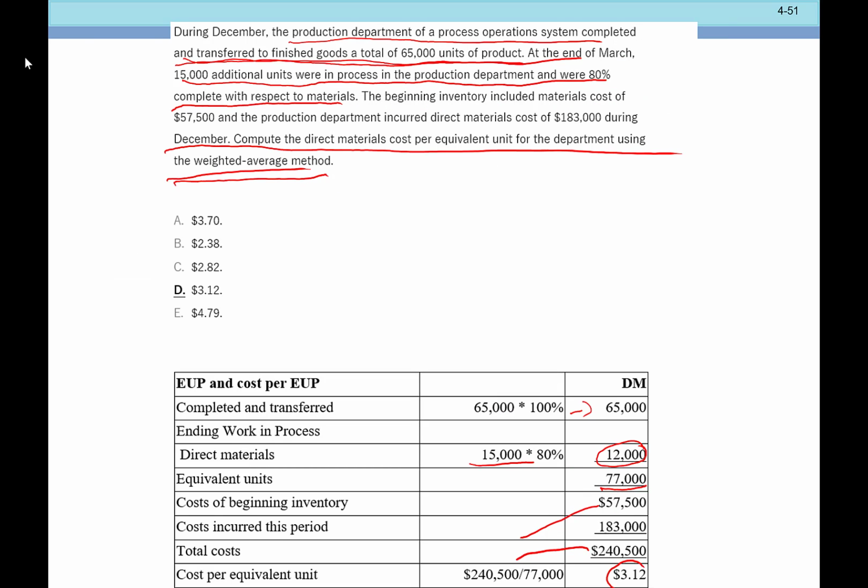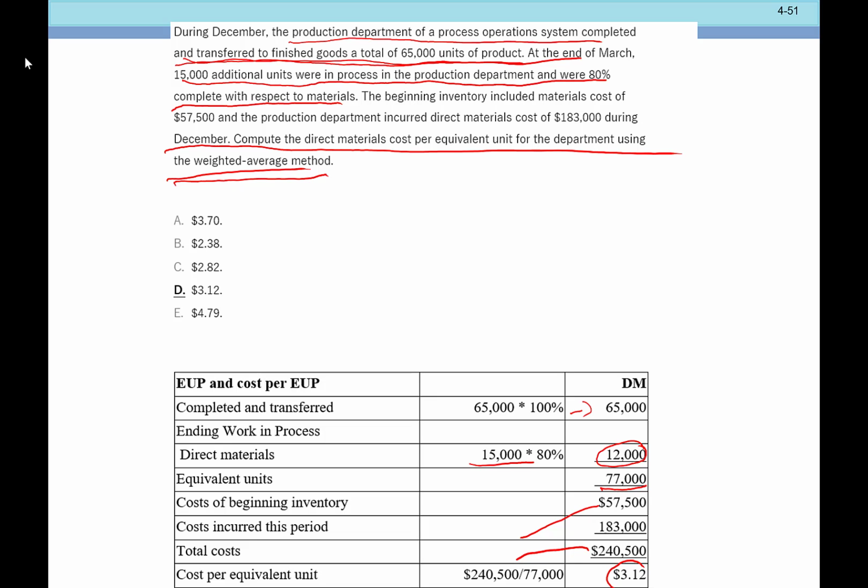Okay? This one is, I believe, similar but a little bit different. Here they tell me production department process operations system completed and transferred to finished goods 65,000. So here they just give me that number, right? Okay, so I pick that up. That's 100% complete as to, what are they asking me? Materials.